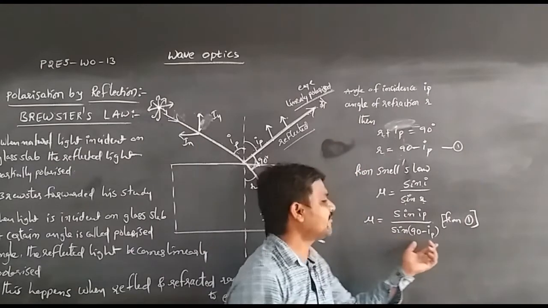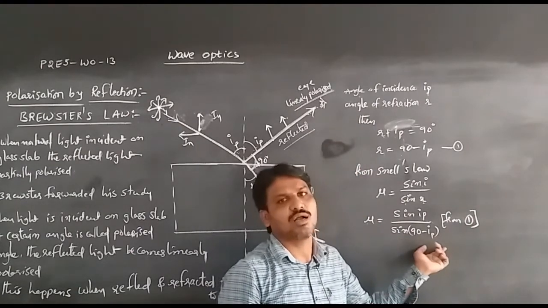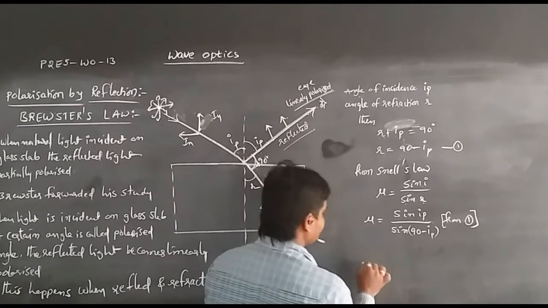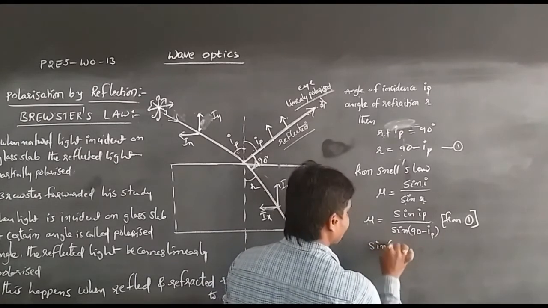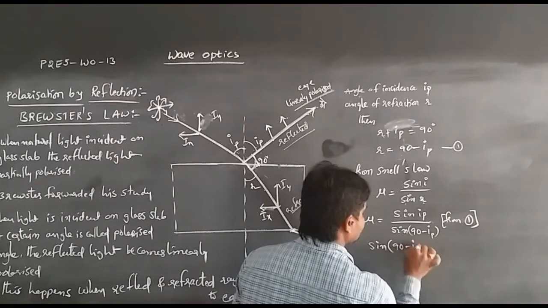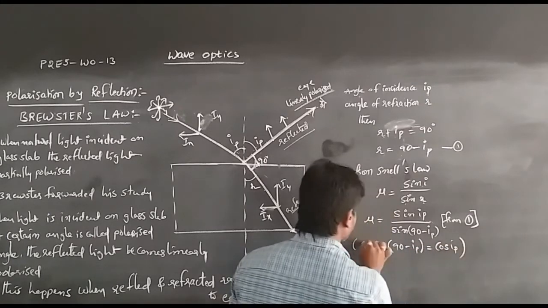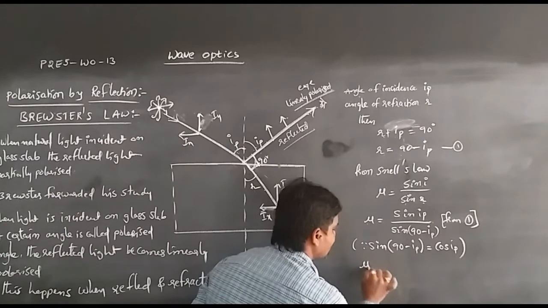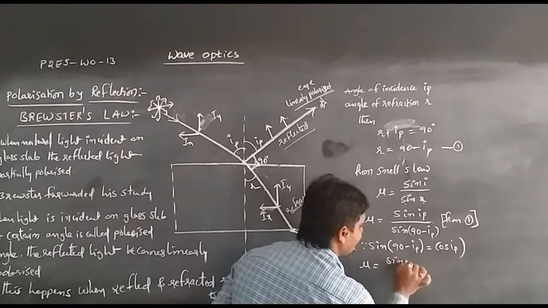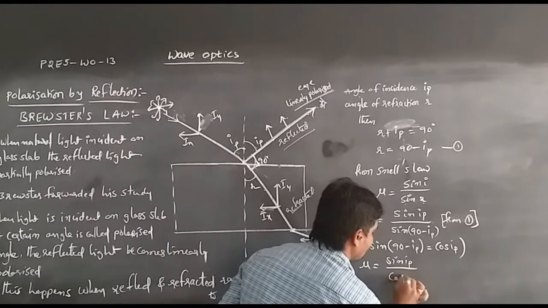We know that sine of 90 minus theta is equal to cos theta, so sine of 90 minus IP is cos IP. So mu is equal to sine IP by cos IP.